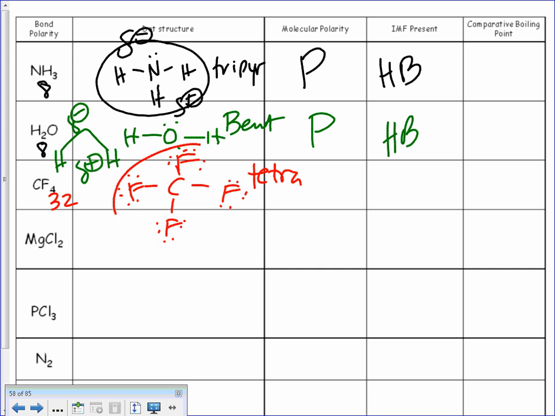So if it's a big equal distribution, Maddie, is that polar or non-polar? Right, non-polar. So Jasmine, what IMF would that be? Look back at your categories. London dispersion forces, because that's the only one that applies to non-polar molecules. Great, you guys are doing fantastic.